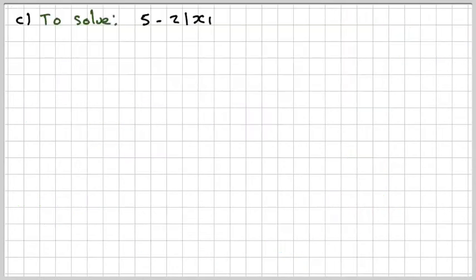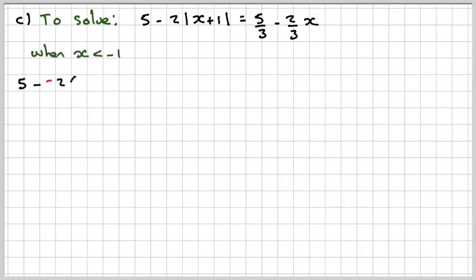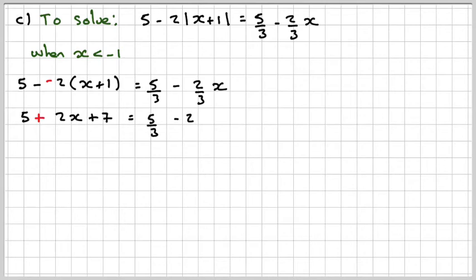To solve 5 - 2|x + 1| = 5/3 - (2/3)x. Same again, when x is less than -1, this bit behaves like this, so that becomes plus, so we get 5 + 2x + 2, which gives me 2x + 7.